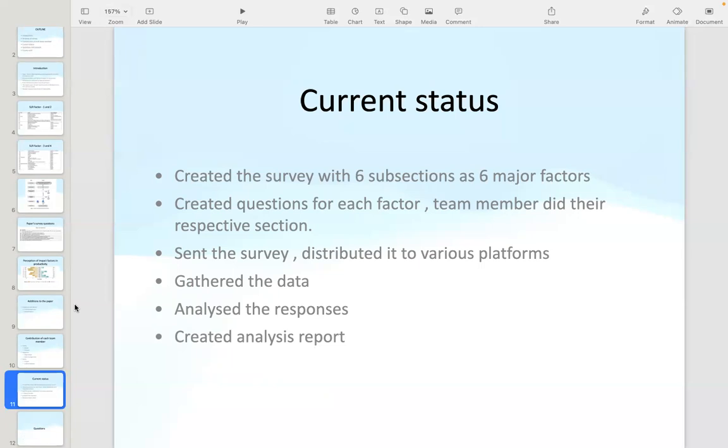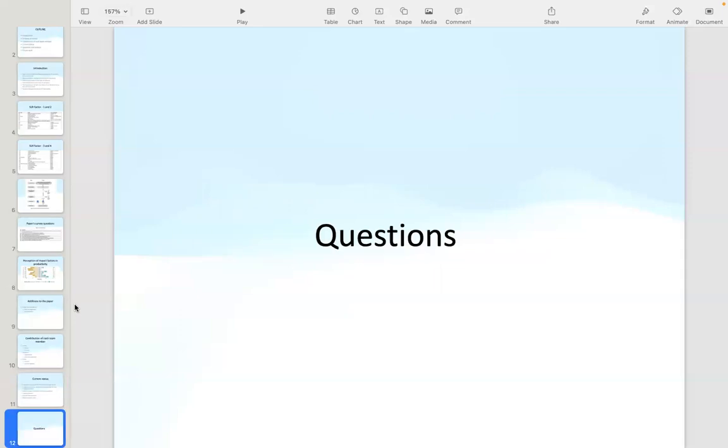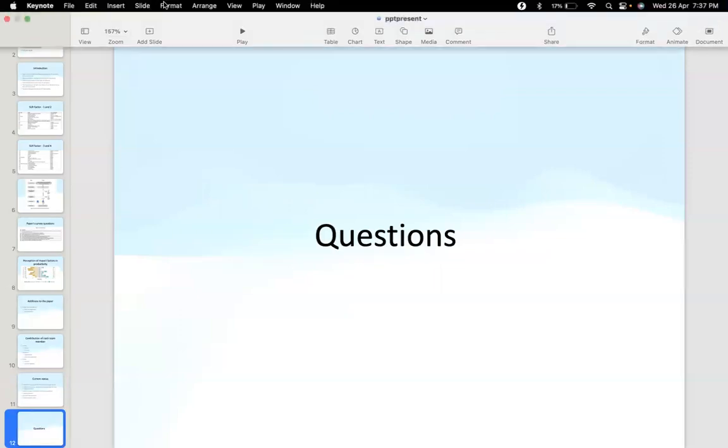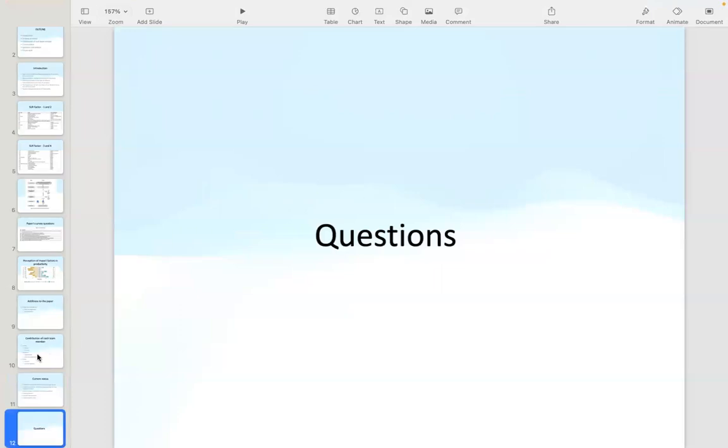All of us have personally shared it to our groups and friends back in our home country and also here. And we have now gathered the data from 37 respondents. We have analyzed the responses, and we have also created the analysis report. Now onwards, we'll have all the questions from these subsections.